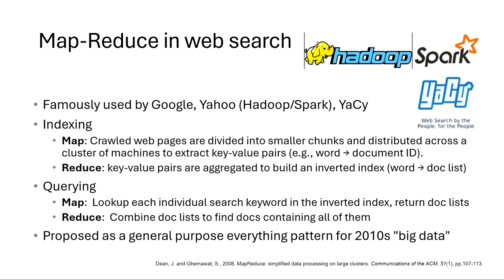So MapReduce is famously used in web search systems. YaCy is a fully open source and distributed web search engine.